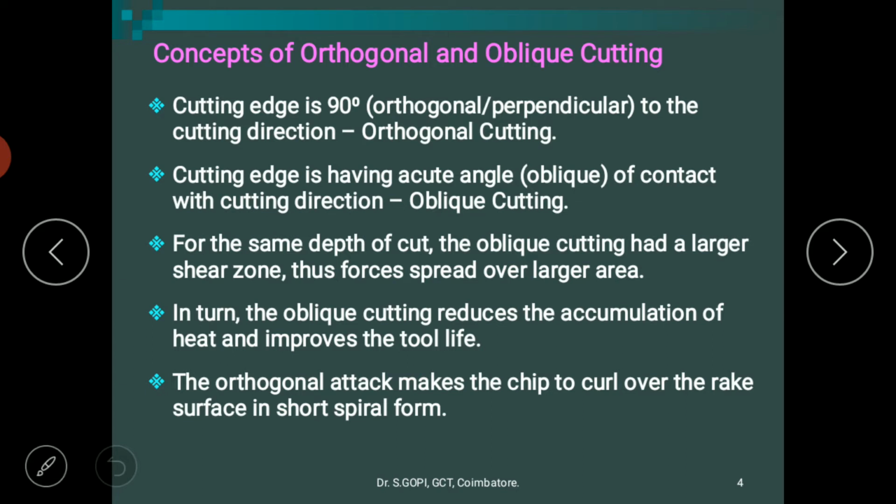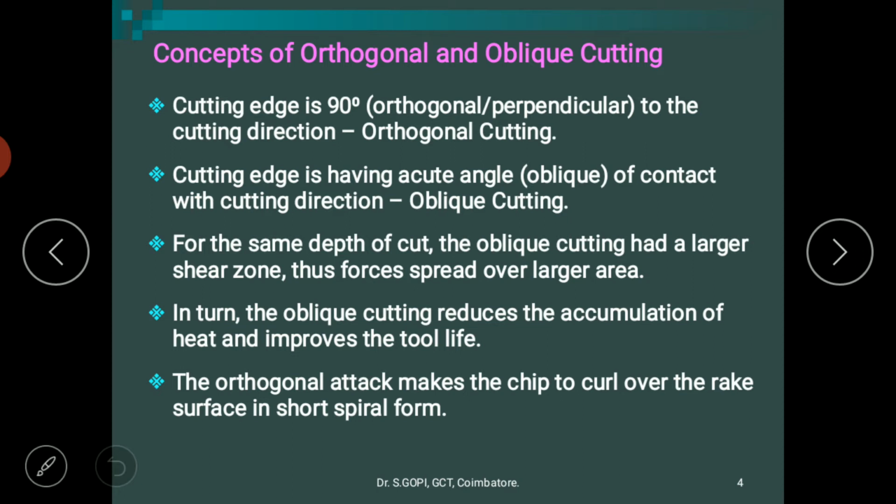Now the definition of oblique cutting: when the cutting edge has an acute angle of contact with the cutting direction, it is called oblique cutting. For the same depth of cut, oblique cutting has a larger shear zone, thus forces spread over a larger area. In turn, oblique cutting reduces the accumulation of heat and improves the tool life.